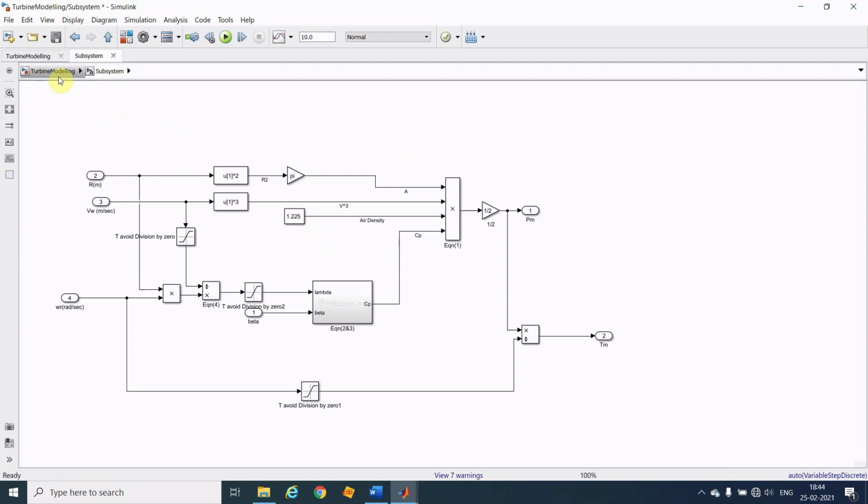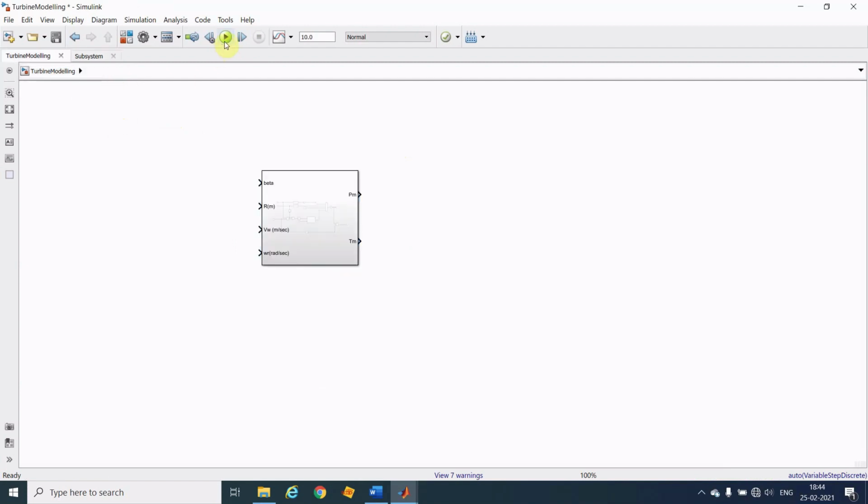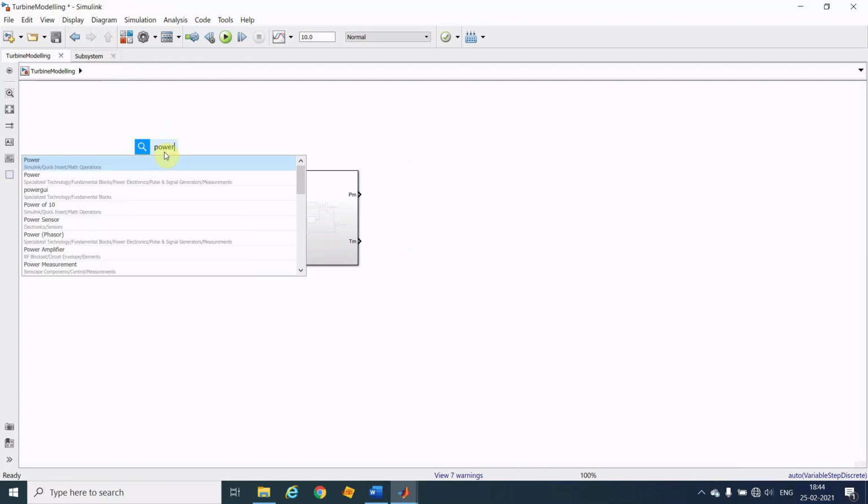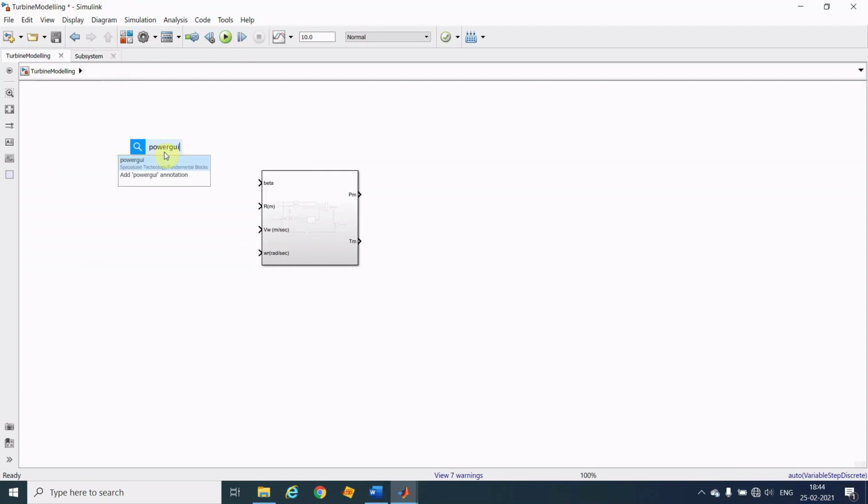So now take a power, go here, constant to verify.